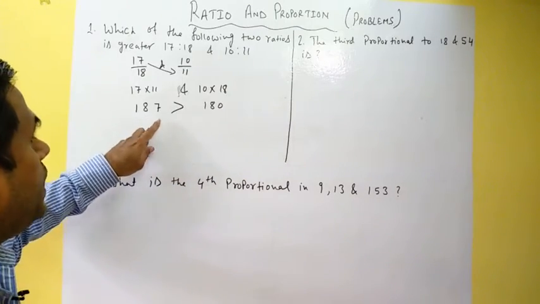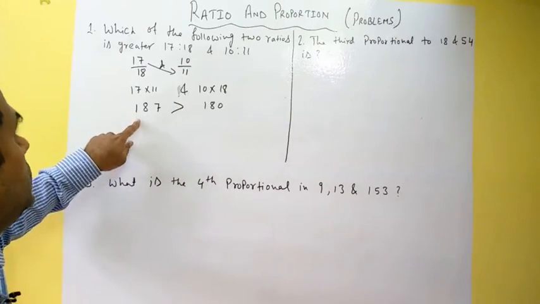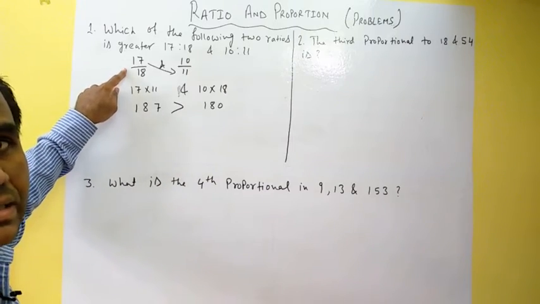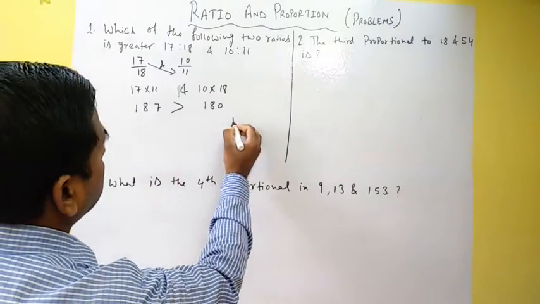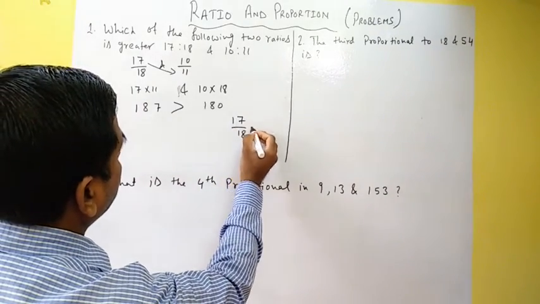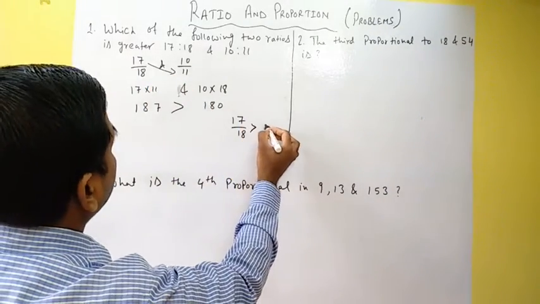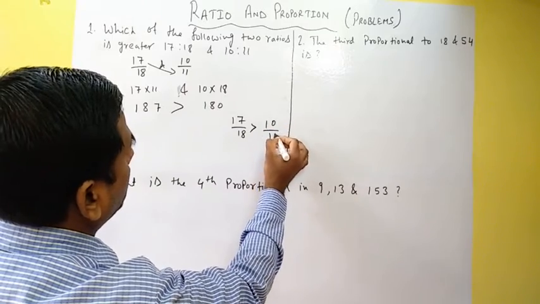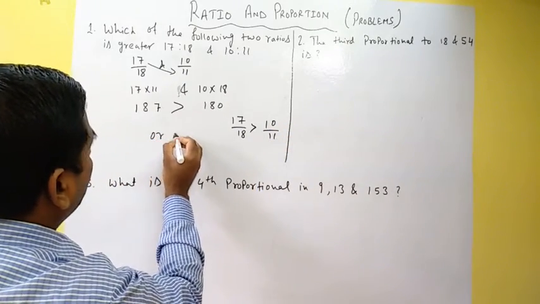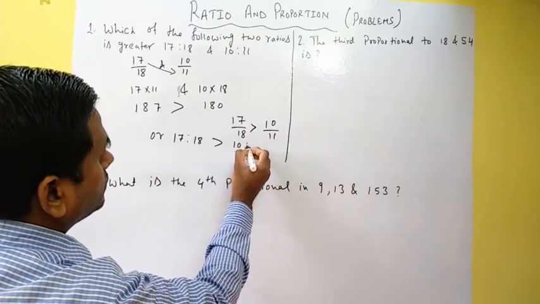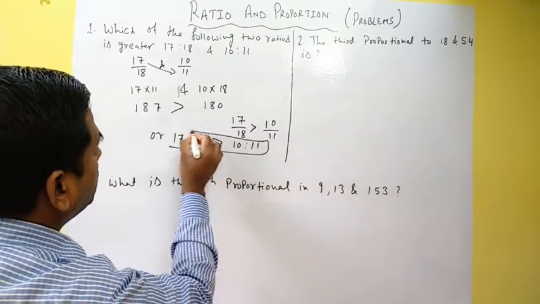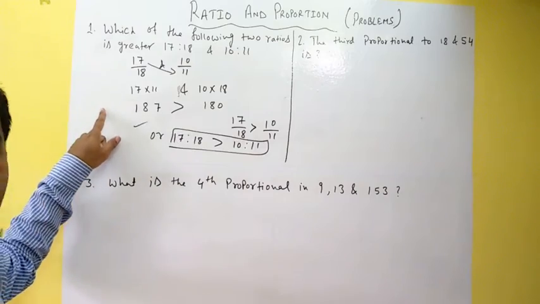Since the left hand side value is greater, the left hand side ratio is also greater. So we can say 17 upon 18 is greater than 10 upon 11, or 17 ratio 18 is greater than 10 ratio 11. So we can solve this problem like this.